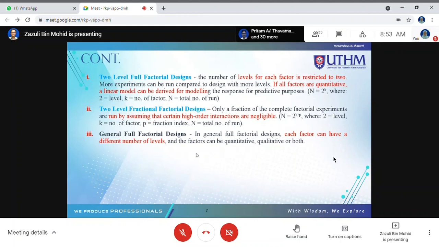And for the thrust force, we can have maximum thrust force and minimum thrust force. It has two levels and two factors. Each factor has two levels. So in this case, we call it two-level full factorial design.